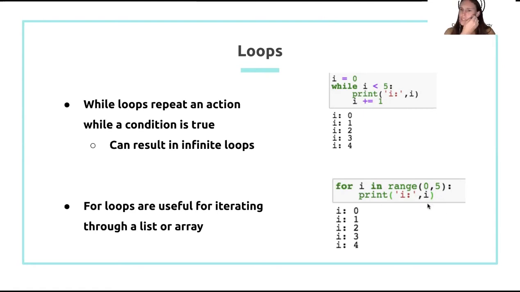You can think of range as a list of numbers. You give range a starting number and an ending number. But you have to remember that since this programming language increments with its first index equal to 0, we're never actually going to get to 5. We're going to go up to 4. So that's the important off by 1 consideration. These two blocks of code do the exact same thing.